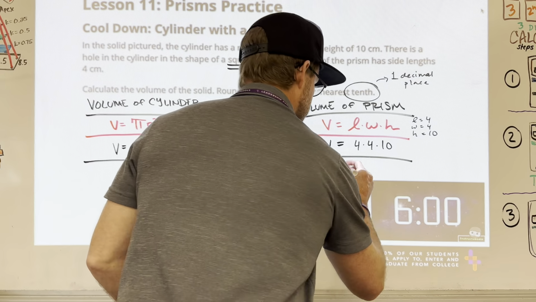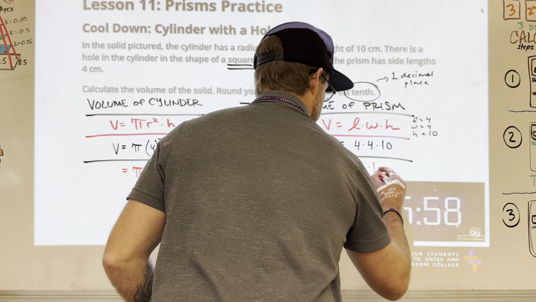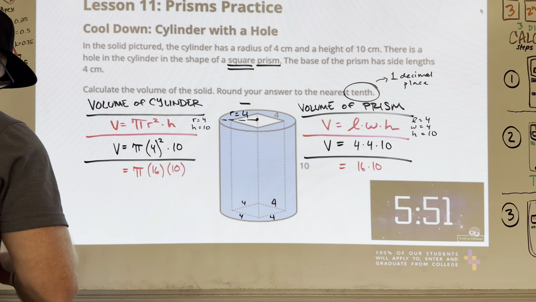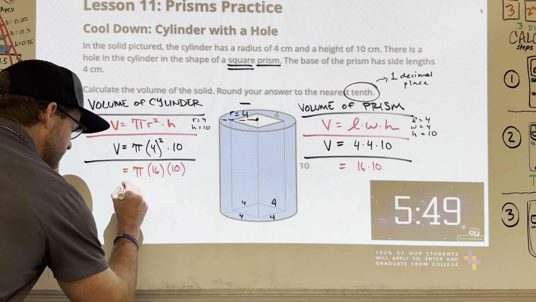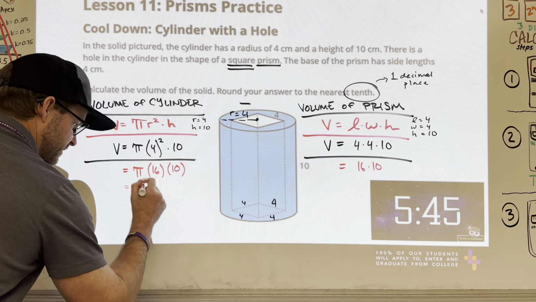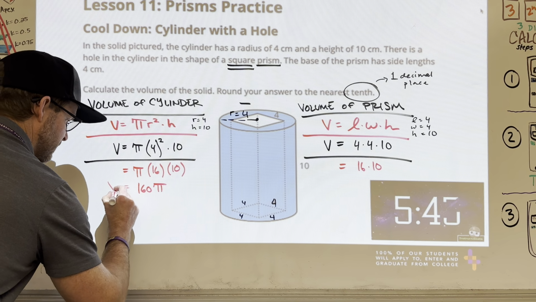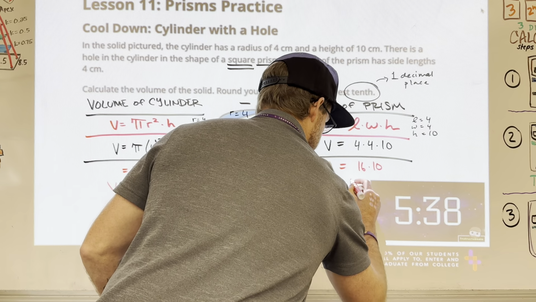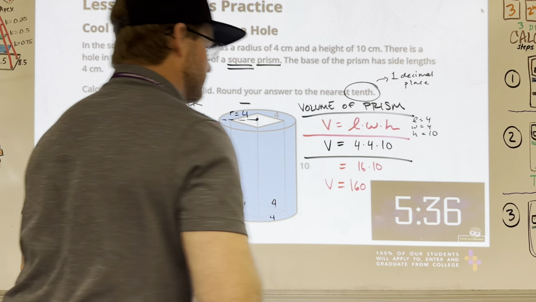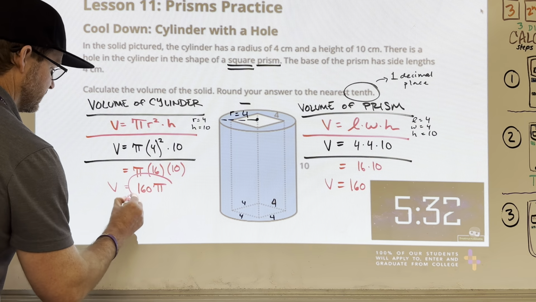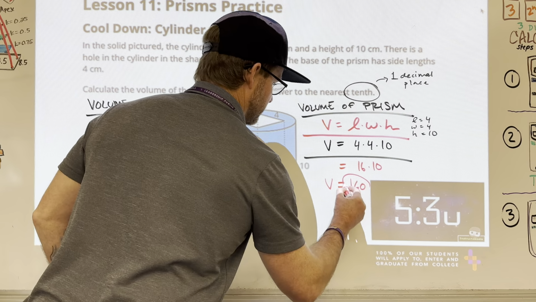This one is 16 times 10, which is 160. Don't forget about the pi. So you now have the volume of the cylinder and the volume of the prism.